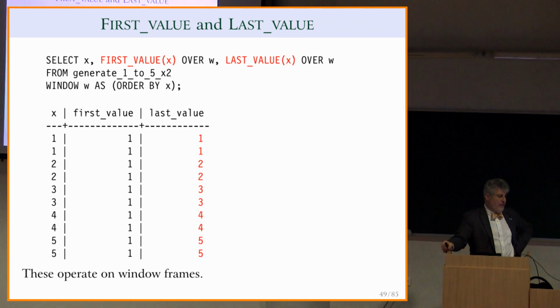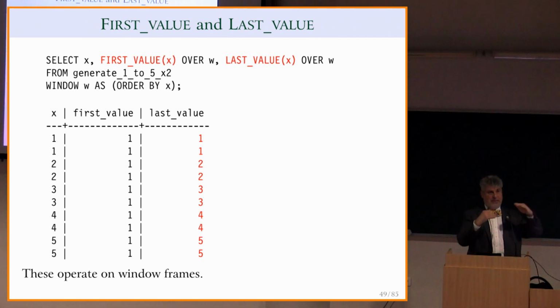Another function, first value and last value. These allow you to specify the first and last value in a window frame. So in this case, give me the first value x in this frame, and I'm getting 1, and then give me the last value x. Now, keep in mind this is operating on window frames. There's an order by, so current row means the current row, so it's unbounded preceding to current row.